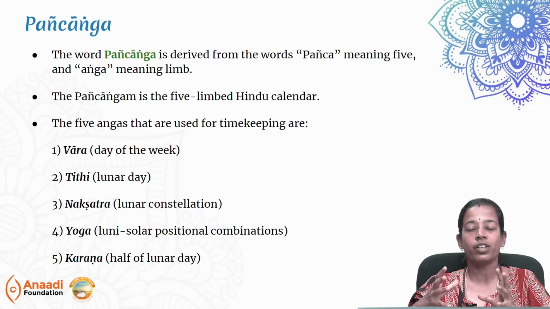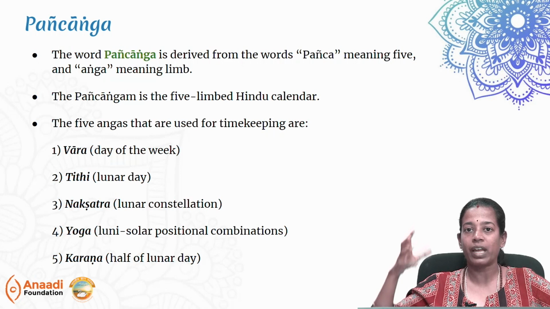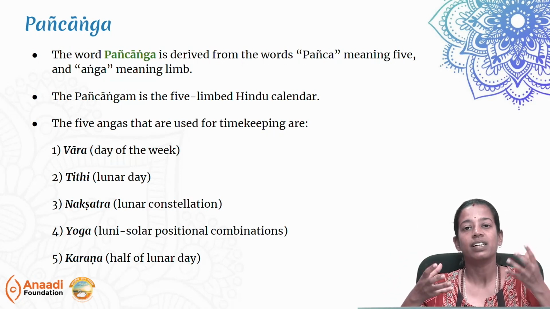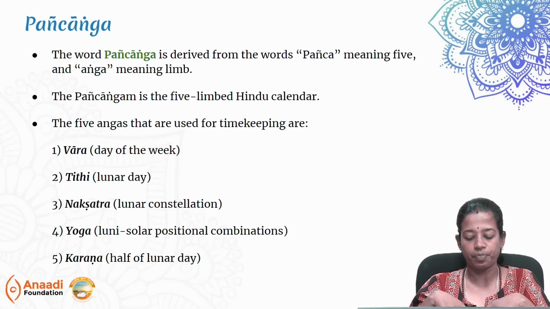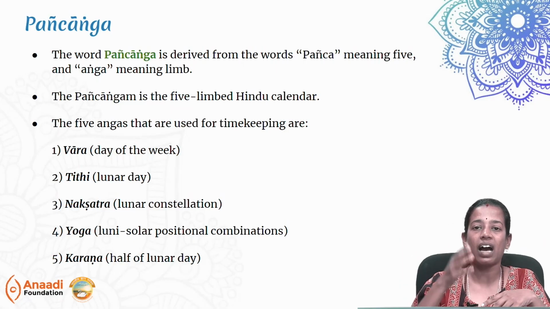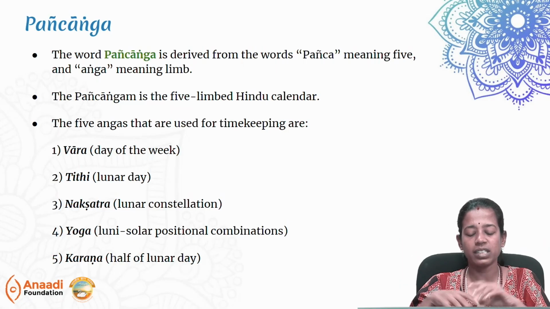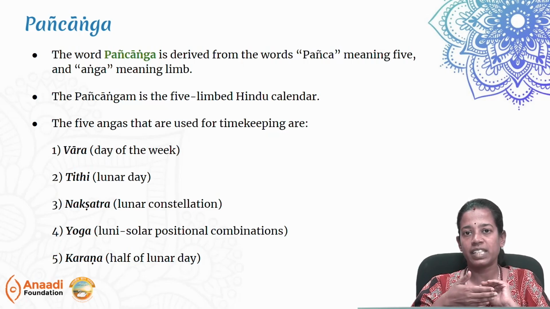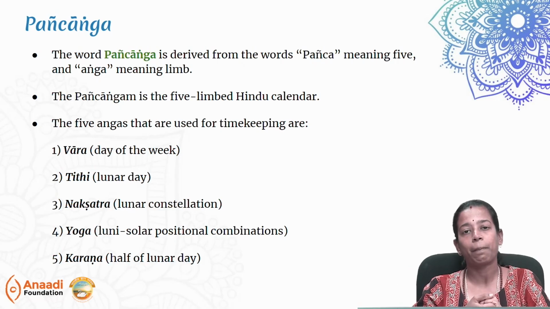Yoga is more the combined position of the moon and the sun. The aspect of yoga here in the Panchanga will deal with the combined position of the sun and the moon. And Karana is a half moon day. That's what Karana is. So, we have tried to very quickly understand what these 5 aspects, which are necessarily captured in the Panchanga document, mean.